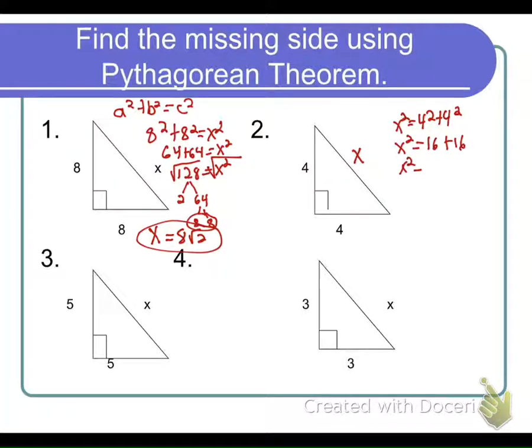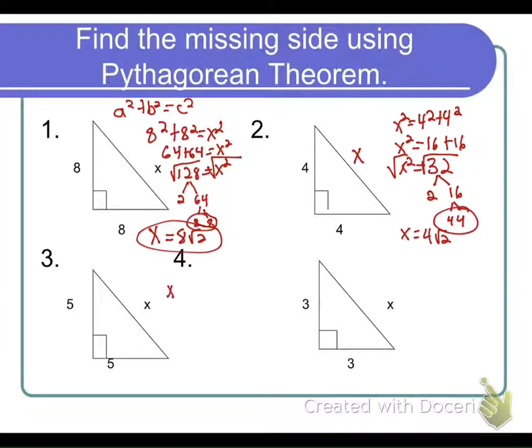X squared equals 16 plus 16 equals what? 32. Square root both sides. This goes to 2 times 16. 16's factors, 2, 4 and 4. 4's have a buddy. They get to come out. X equals.